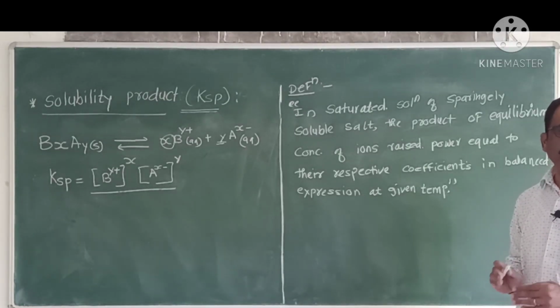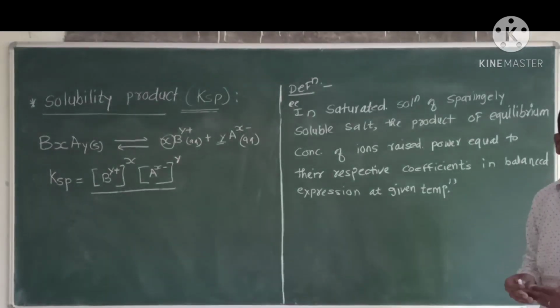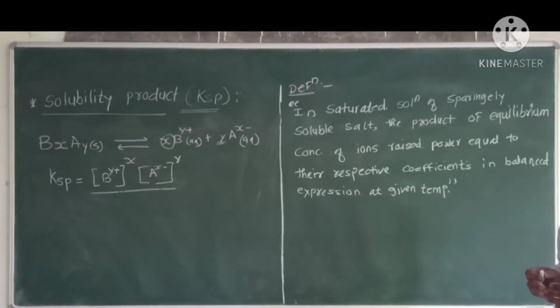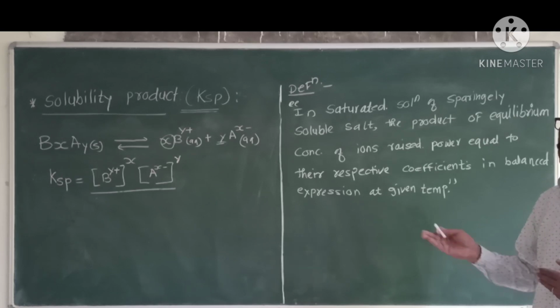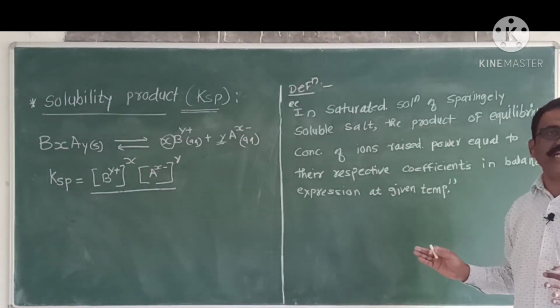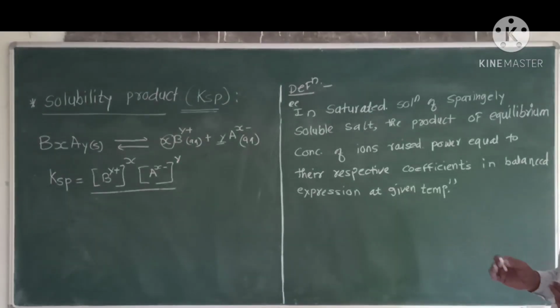In short, the solubility product is the product of the molar concentrations of ions which are raised to a power equal to their coefficients in a balanced equation.